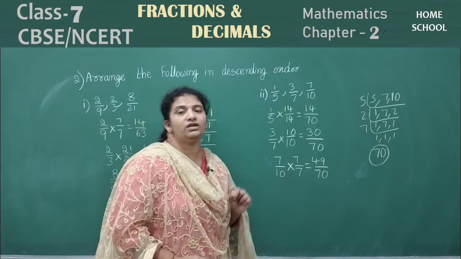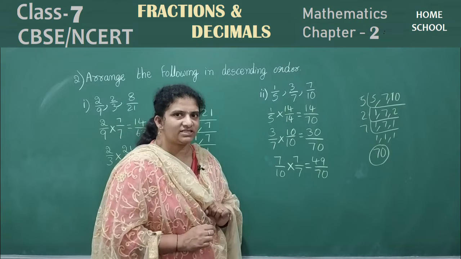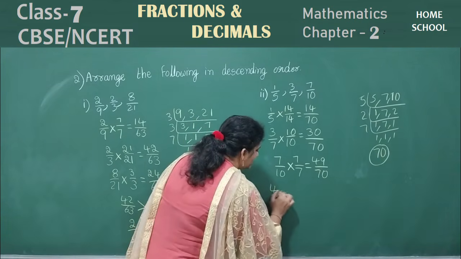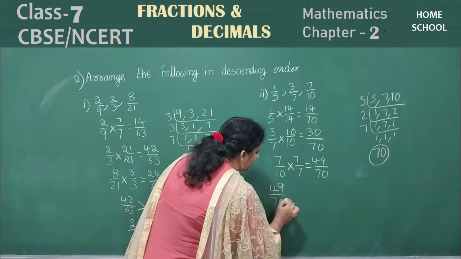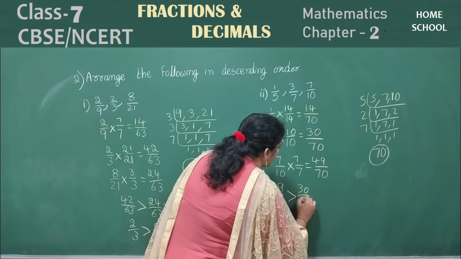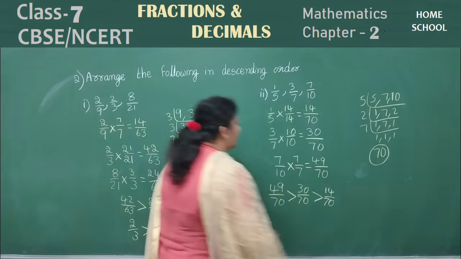Now observe the numerators, children. Which is greater: 14, 30, 49? Yes, 49 is greater, right? So now arrange: 49 by 70 is greater than 30 by 70 is greater than 14 by 70.